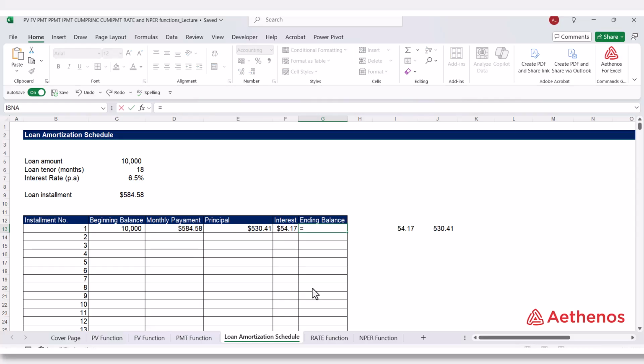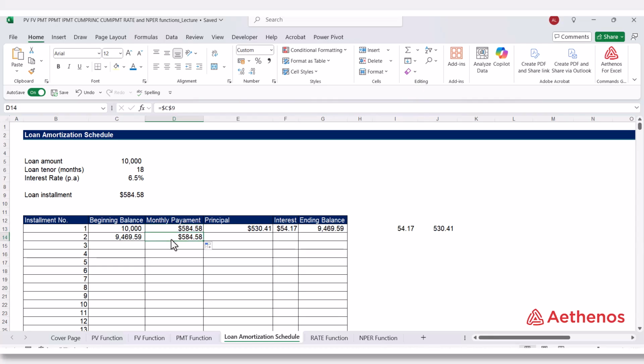So the ending balance will be the beginning balance minus the principal component, and I get 9,469.59 as the balance. So on the second row, I need to start this ending balance as the beginning balance, and I can copy this down.